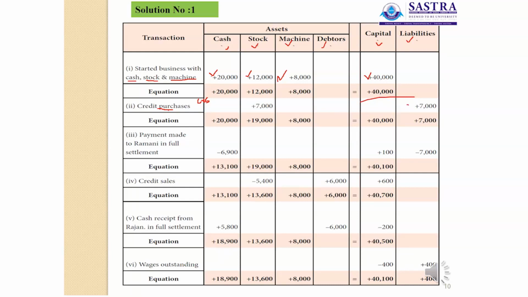So liabilities are increased, and asset value is also increased. Purchases relate to an asset, that is stock. So 12,000 plus 7,000, 19,000. The stock value increased by rupees 7,000. Here 8,000. Here 40,000 plus 7,000, so totally 47,000. So the total of the liability side is 47,000.